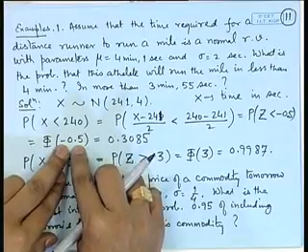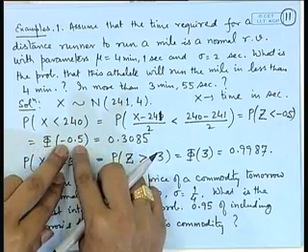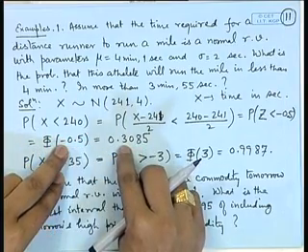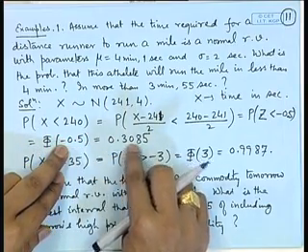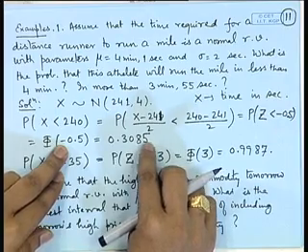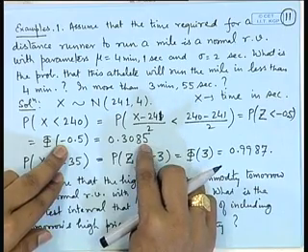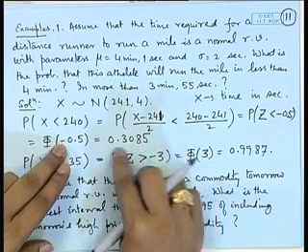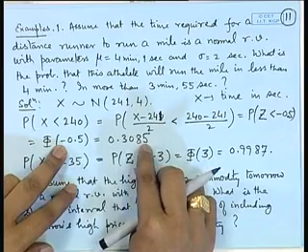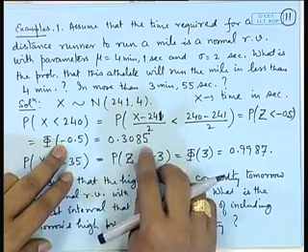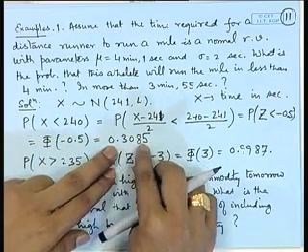This value we will see from the tables of the standard normal CDF, and it turns out to be 0.3085. Most of the tables are given up to 4 or 5 decimal points, and we can also use a numerical integration rule such as Simpson's 1/3 rule to evaluate this.